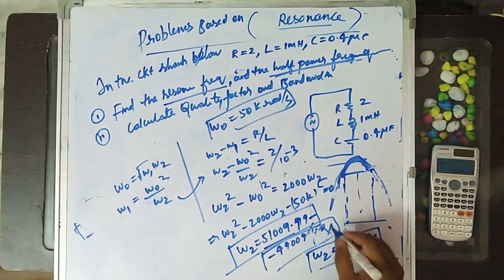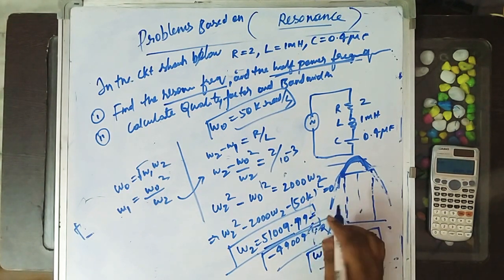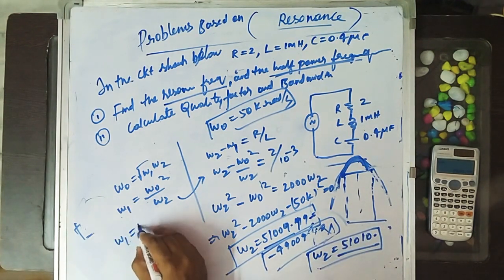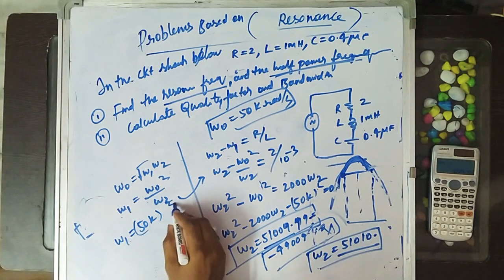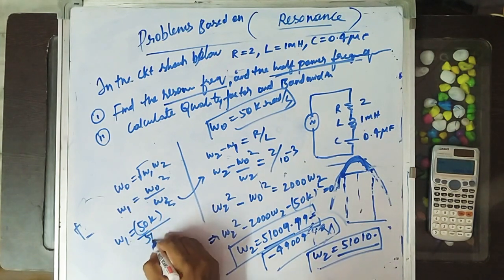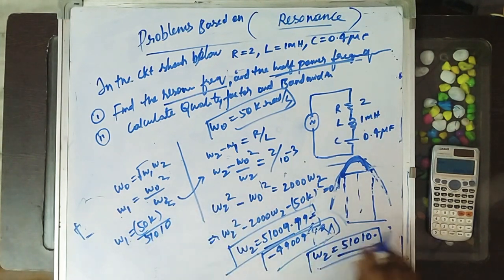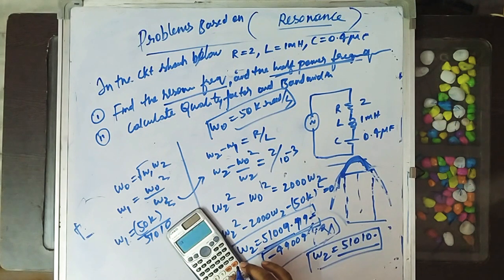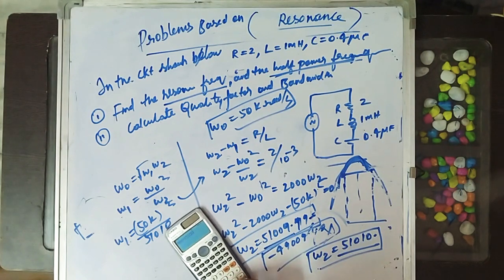Okay, this is equivalent to, and substitute omega 2 here. Omega 1 equal to 50k whole square divided by 51010. So you will be getting omega 1 equal to what? 50k whole square division of 51010.